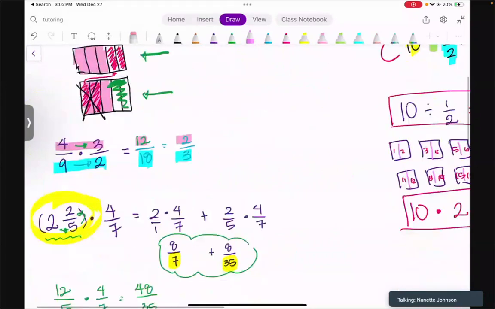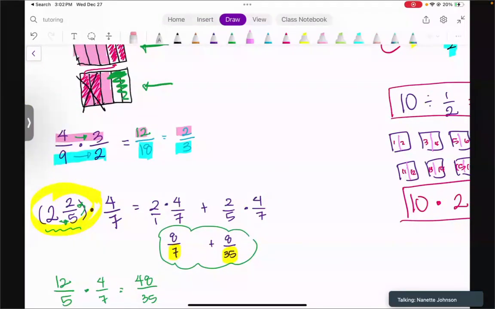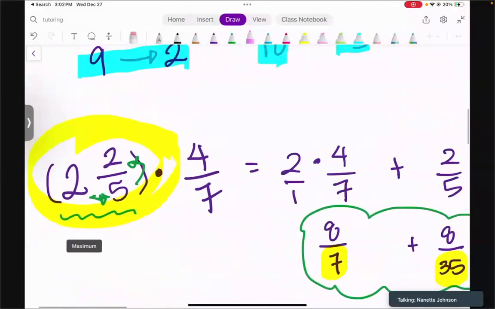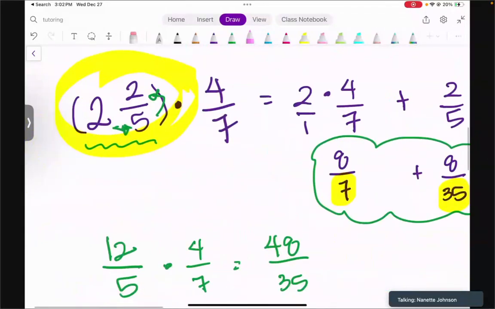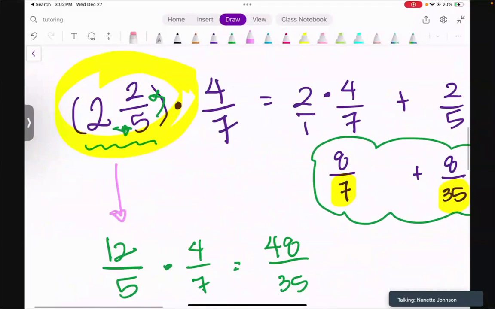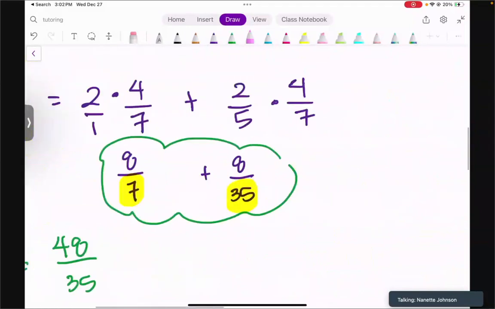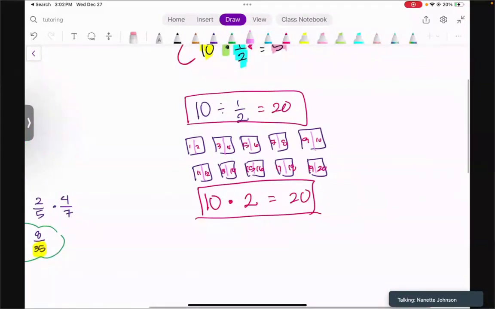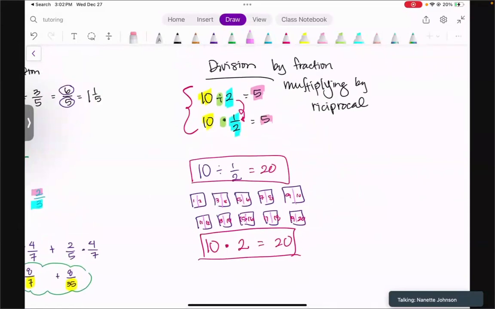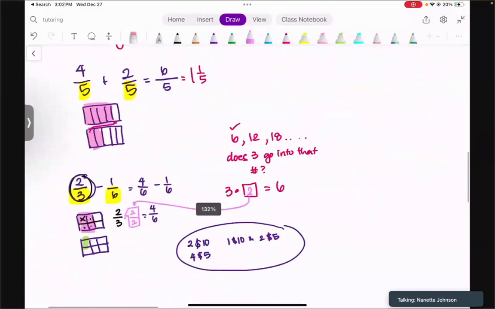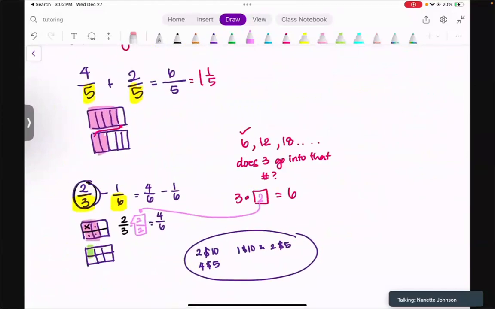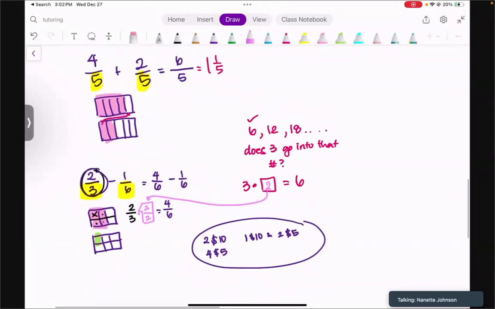Yes, you'd have to change from a mixed number into an improper fraction like we did here, but that's not too bad, right? In division, your biggest task is remembering the rule to multiply by the reciprocal. For adding and subtracting, it makes a lot of sense, right? The biggest mistake that people make is, oh, I'm just going to add across, and that doesn't work, right? It doesn't work. Because if that worked, then you could do something like this, right?